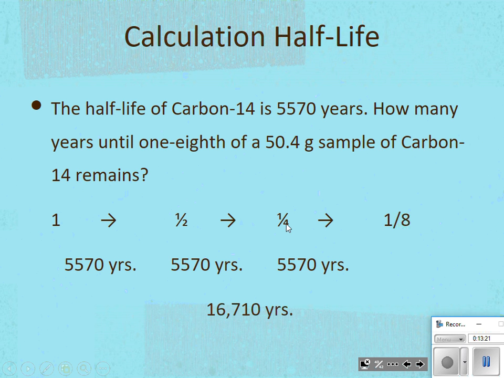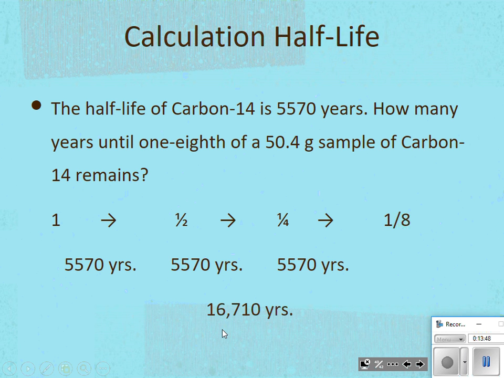So what's half of 50? 25. What's half of 25? 12.5. So to get 1/8, which is 12.5%, it takes 3 half-lives. If I add those 3 up together, it gives me 16,710 years.